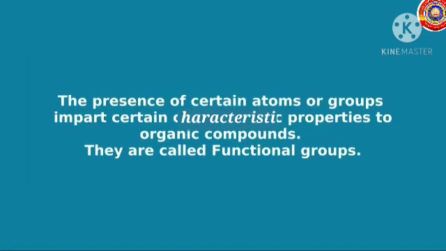Understood? So what are functional groups? The presence of certain atoms or groups that impart certain characteristic properties to organic compounds are called functional groups. Now let's get familiar with some of the functional groups and their symbols.